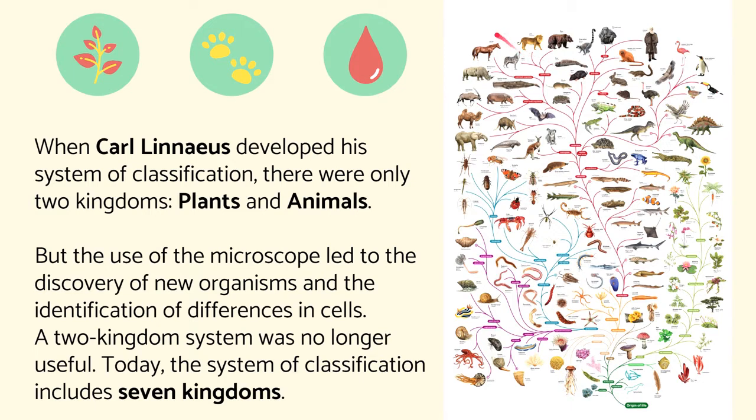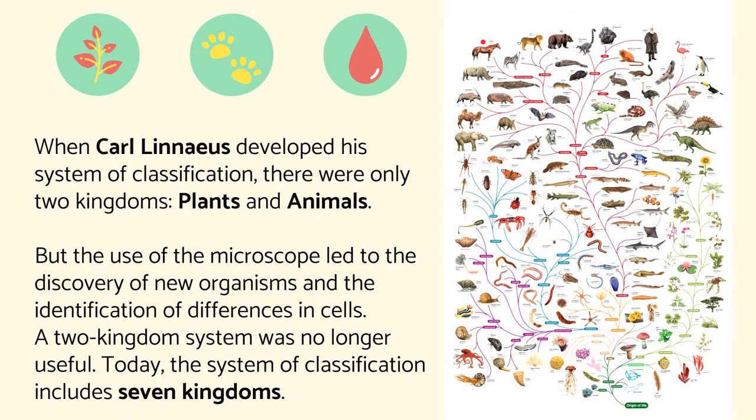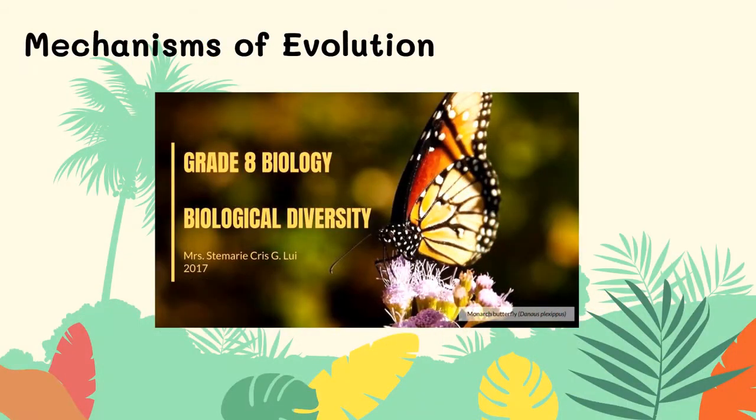Okay, so this is the core of those subjects. How organisms are classified based on their similarities and differences. Now, if you're interested, you can check out the online library. This lesson on taxonomy and systematics is discussed in biological diversity. You can check it out in the online library.